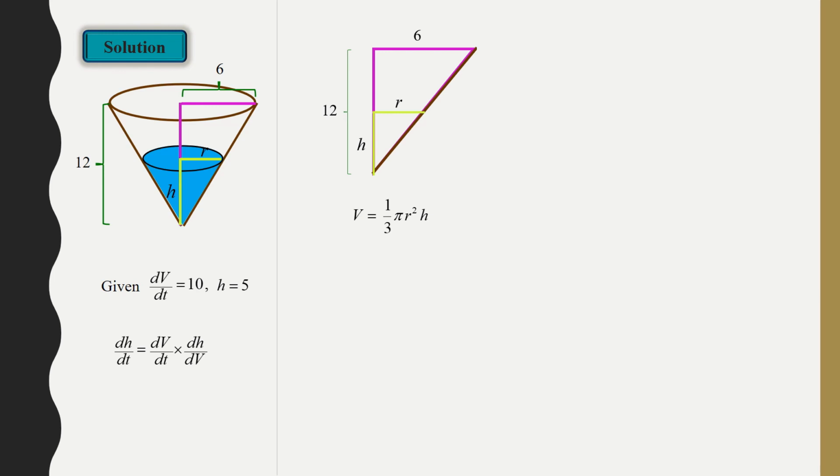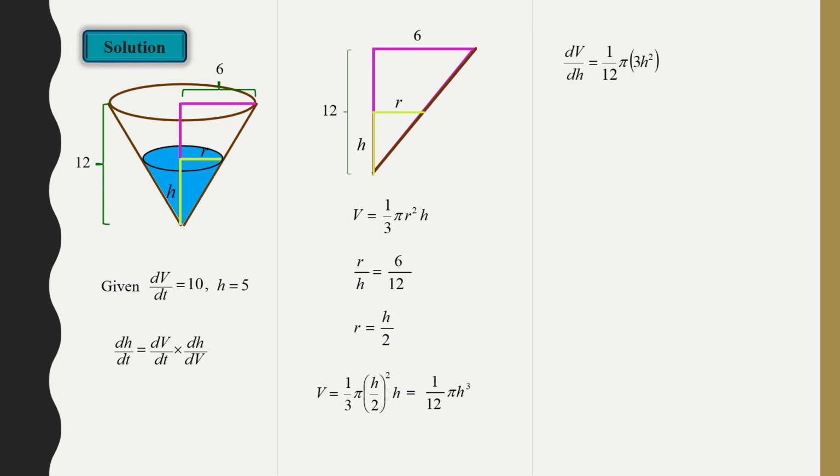So then R over H is equal to 6 over 12. So jadi kita compare. So then we get R equals H over 2. Then we substitute R equals H over 2 into V. So then we get 1 over 3 pi multiplied by H over 2 squared multiplied by H. So finally we get the volume in simplified form is 1 over 12 pi H cubed.